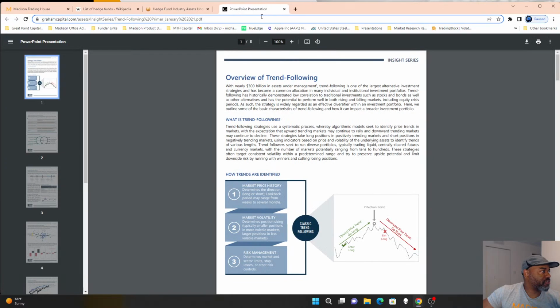This company here is a hedge fund, okay, and they're talking about what's called trend following. Graham Capital, I don't know them personally, but what they're discussing is trend following. What trend following is, basically, is what I mentioned: you're looking for a trend, you're buying when you think things are going to go up or continue to go up, and you're selling when you think things are going to go down or continue to go down. So you're following the trend, right?